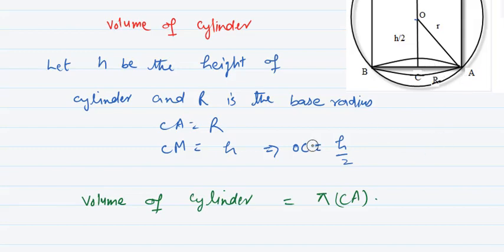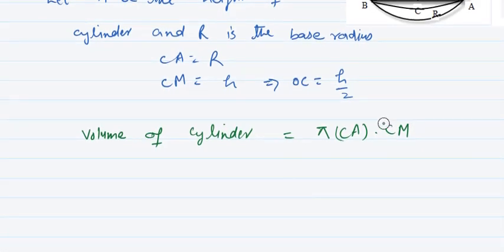H is CM we have taken here. Now let us put the values in pi r square h. So CA square into CM. So here pi into CA, CA we have taken R, so it is R square into CM, CM we have taken H. So it is pi R square into H, the volume of the cylinder.